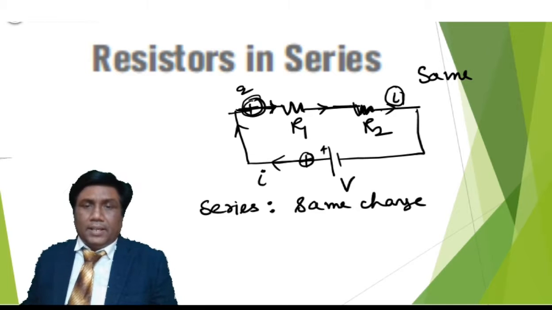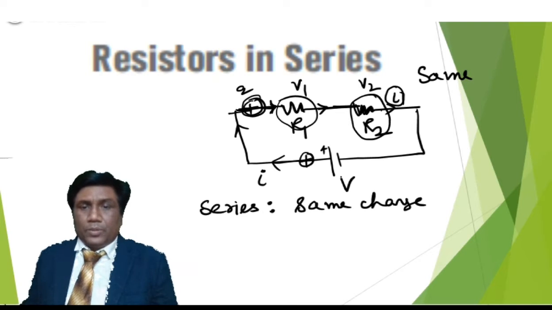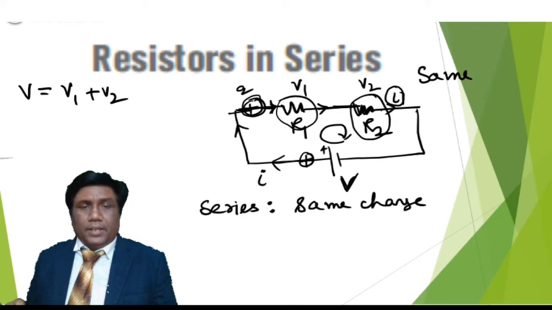Now when current I is established, the potential drop at this resistor is V1 and at this resistor is V2, but the total potential is V only. So we can write V equal to V1 plus V2, because the total potential change in a closed loop must be 0, from Kirchhoff's law.